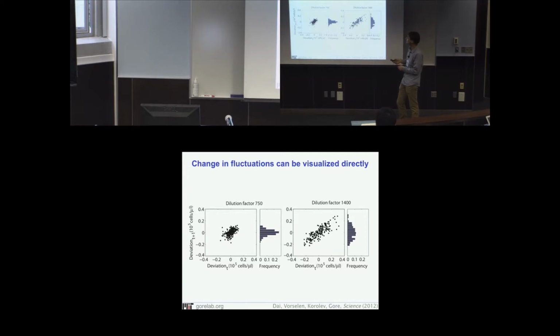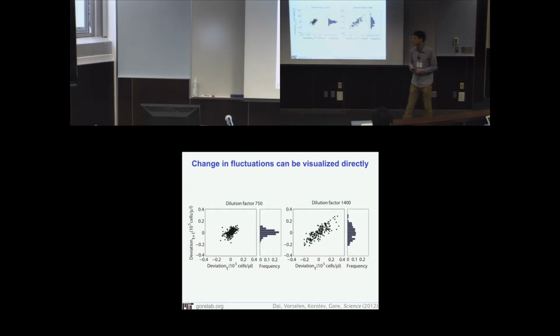But also, the fluctuations become more correlated as the environment deteriorates. The day-to-day fluctuations in population size fall more along the diagonal as we go to these more challenging environments. And this is just another way of visualizing this increase in the autocorrelation time. A large population on one day tends to be large the following day in challenging environments, but not so much in the benign environments.